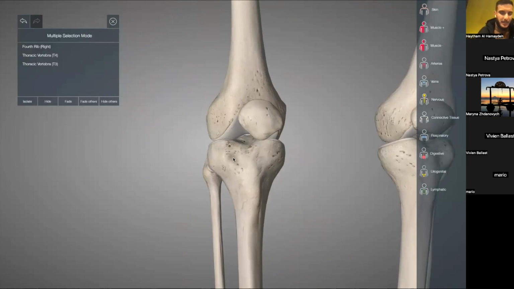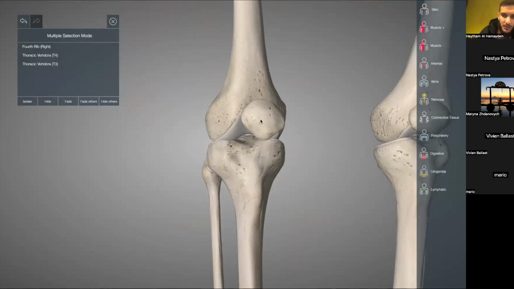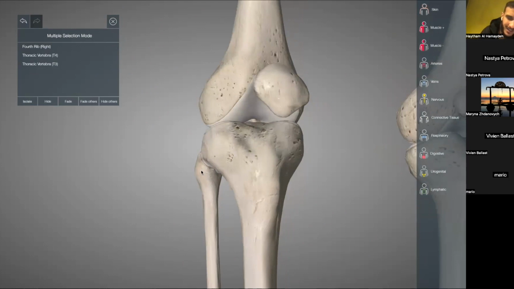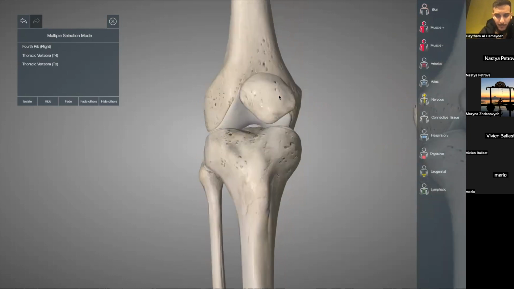Now, before I move on and talk about articular surfaces, the fibula is not part of the knee joint, remember. Okay? Fibula is not part of the knee joint.